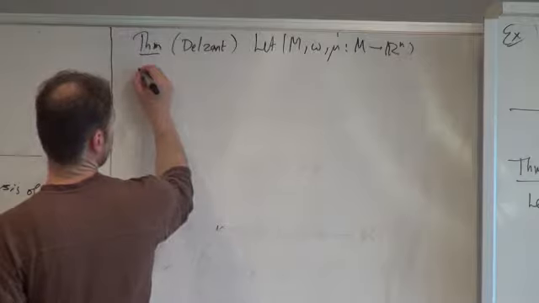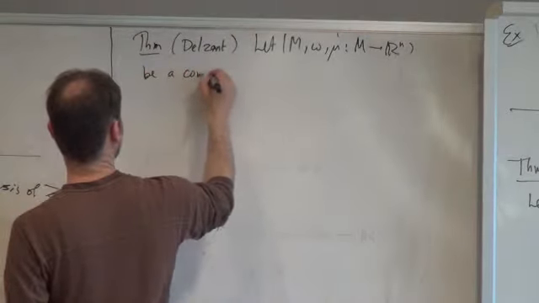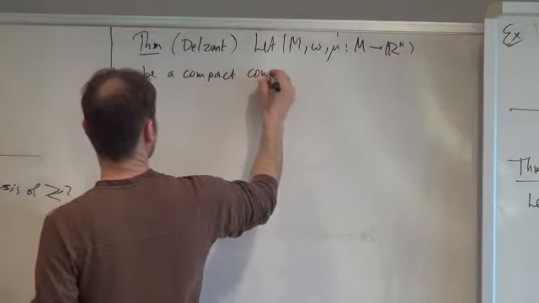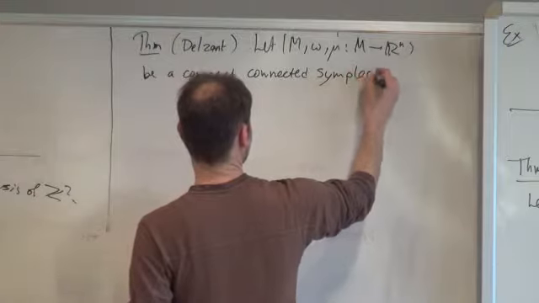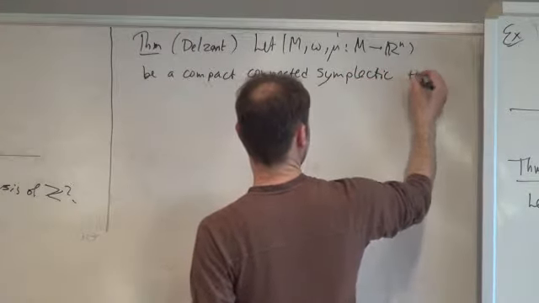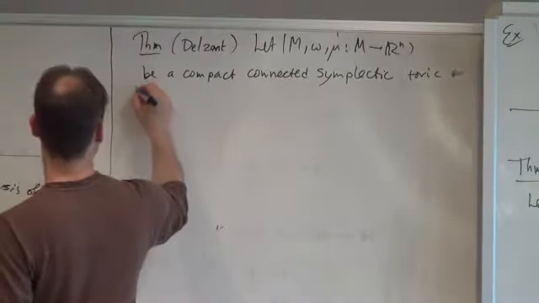So let (M, omega, mu) be a compact, connected, symplectic, toric manifold. You won't be able to see it.